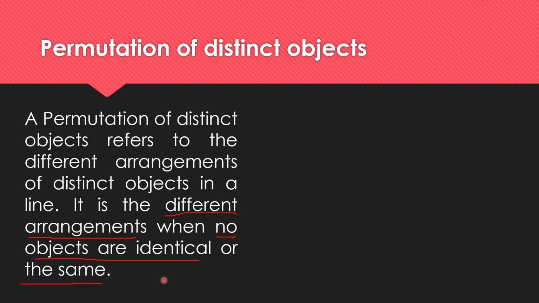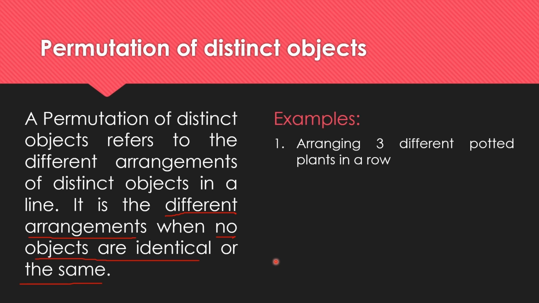Now, let's have examples so that we could better understand the concept. I prepared two examples. The first example is arranging three different potted plants in a row. In how many ways can we arrange these three different potted plants in a row?